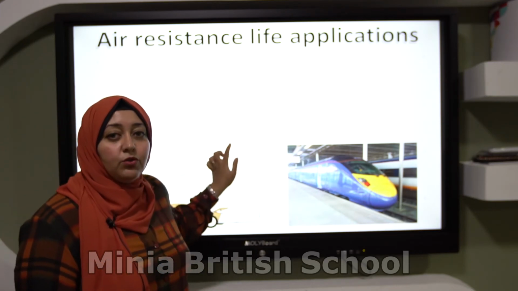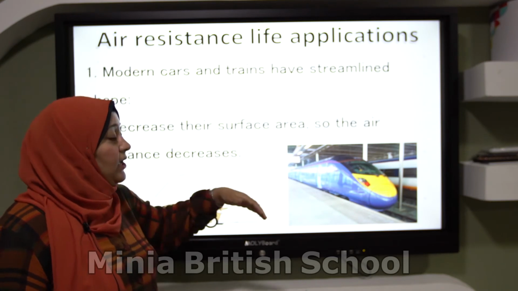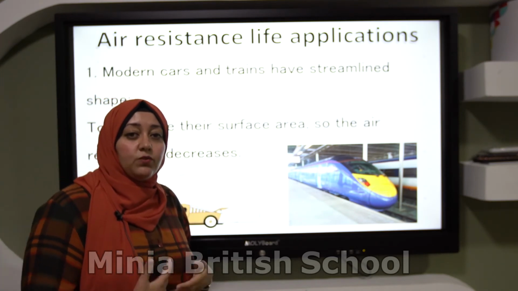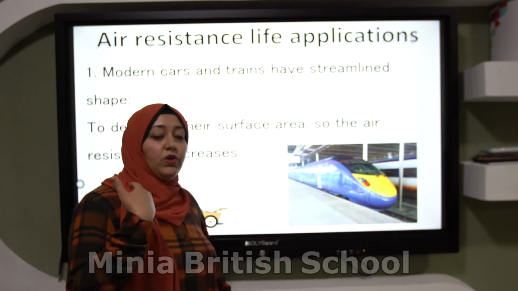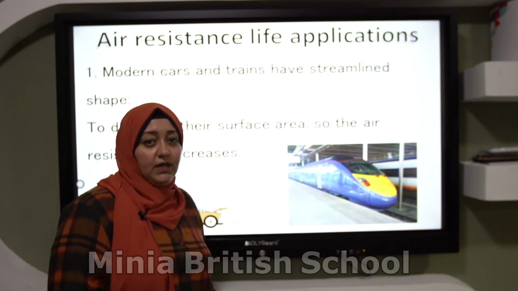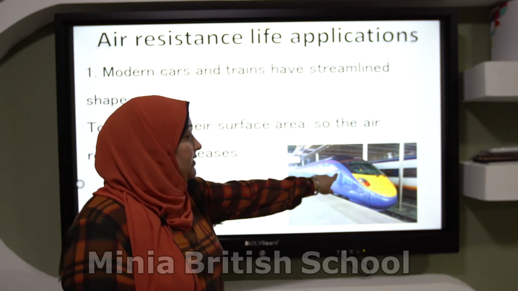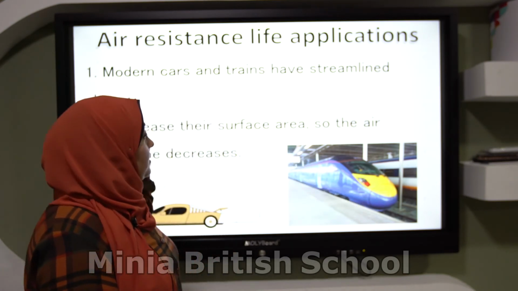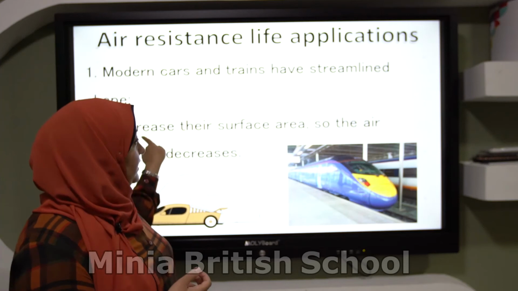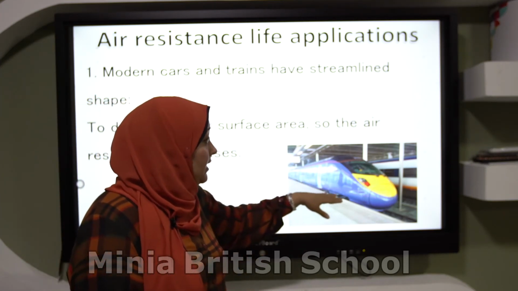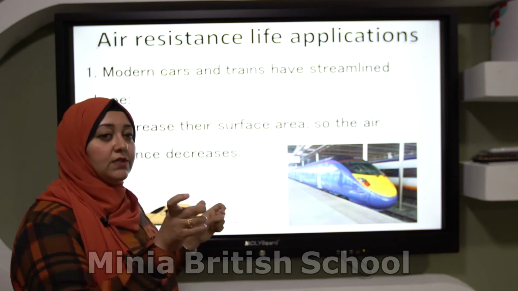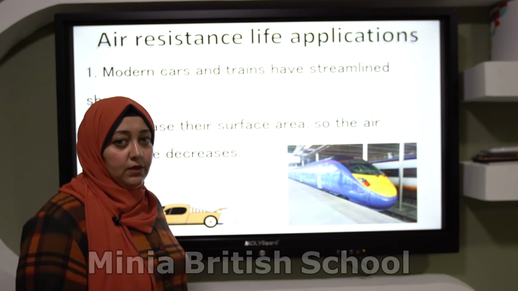Why? To decrease the surface area, so the air resistance will be decreased and the car or the train will be faster. So we have the streamlined shape. The streamlined shape makes what? Decrease the surface area. And when we decrease the surface area, the air resistance will be decreased.